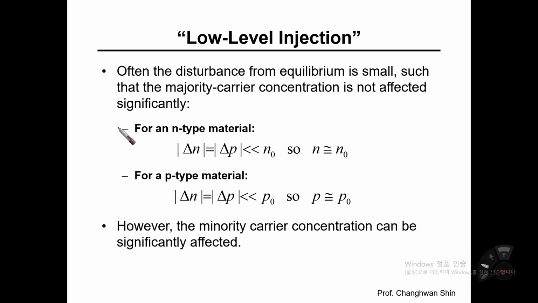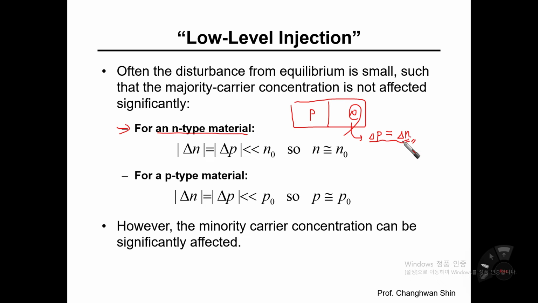So let's read out those sub-bullets. For this N-type material, the variation of hole and the variation of electron should be identical, balanced, because of the charge neutrality condition. This is always true.